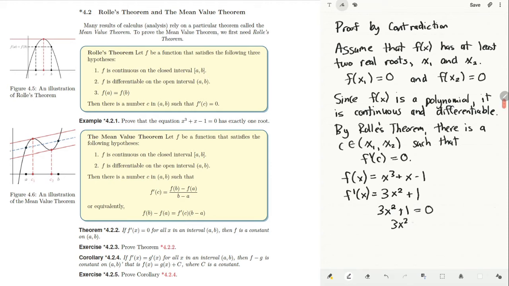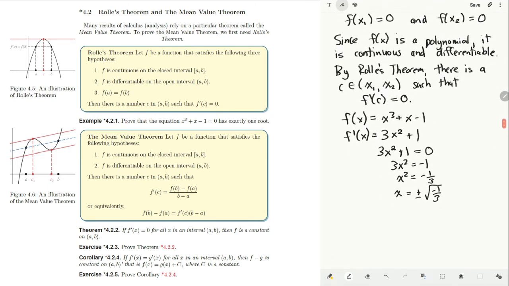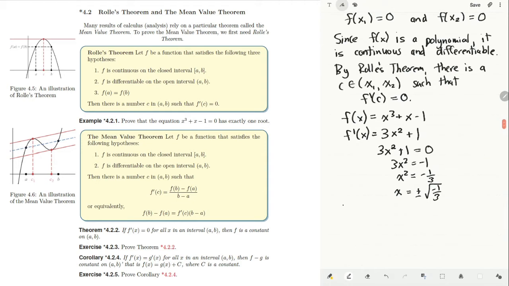So 3x squared is equal to negative 1. x squared is negative 1/3. So x is plus or minus the square root of negative 1/3. But the square root of negative 1/3 is not a real number. And so this tells us that f prime can never be equal to 0, at least for any real number. And thus we have a contradiction.